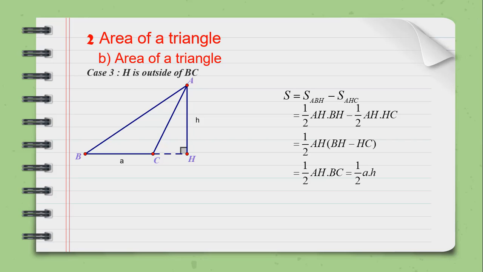And since BH minus HC is equal to BC, we have 1/2 of A times H.